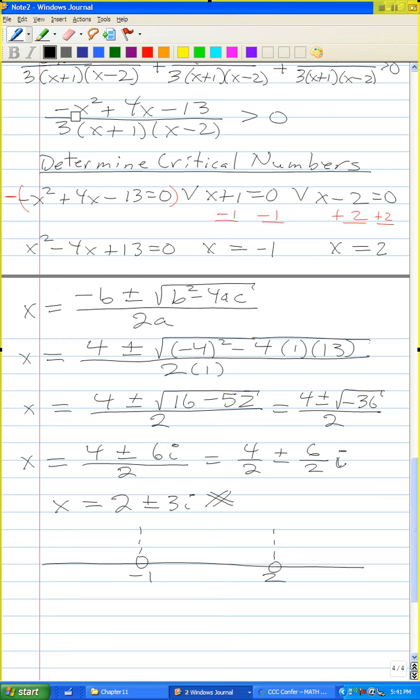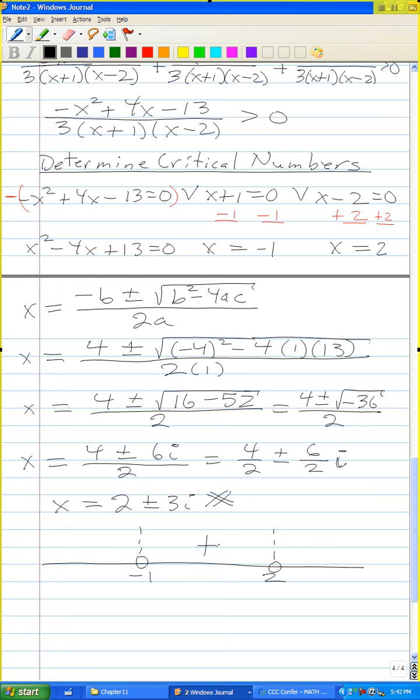At 0, negative x squared plus 4x minus 13 will be negative. 3, obviously, at 0 is positive. x plus 1 at 0 is positive. x minus 2 at 0 is negative. Negative divided by positive times negative, so there's two negatives, will be positive.